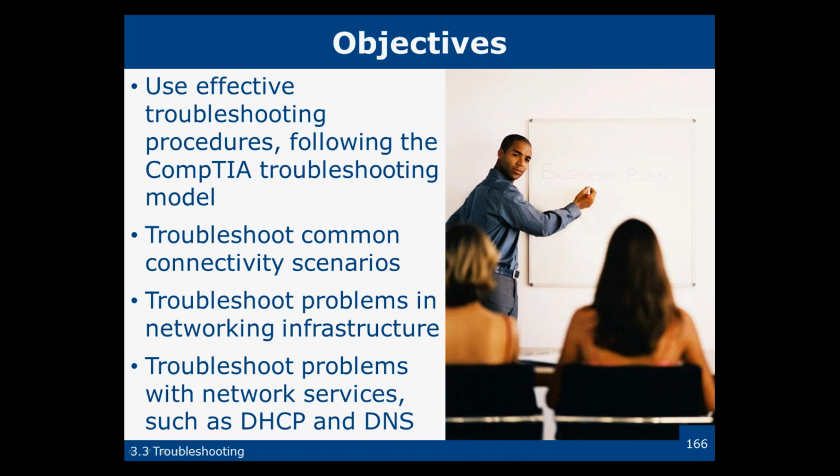Troubleshoot common connectivity scenarios. Troubleshoot problems in the networking infrastructure. Troubleshoot problems with network services such as DHCP and DNS. And all these things may happen to you. Over the course of years, probably the infrastructure is one of the things that really does.